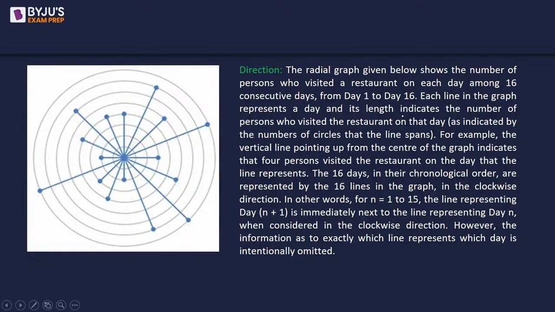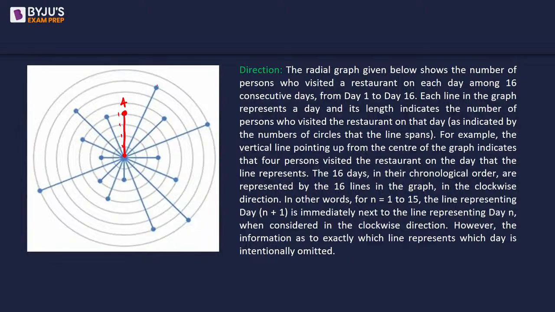For example, the vertical line pointing up from the center of the graph, this particular line, indicates 4 persons. This is one circle, second circle, third circle, 4 circles. So it represents 4 people visited the restaurant that day.